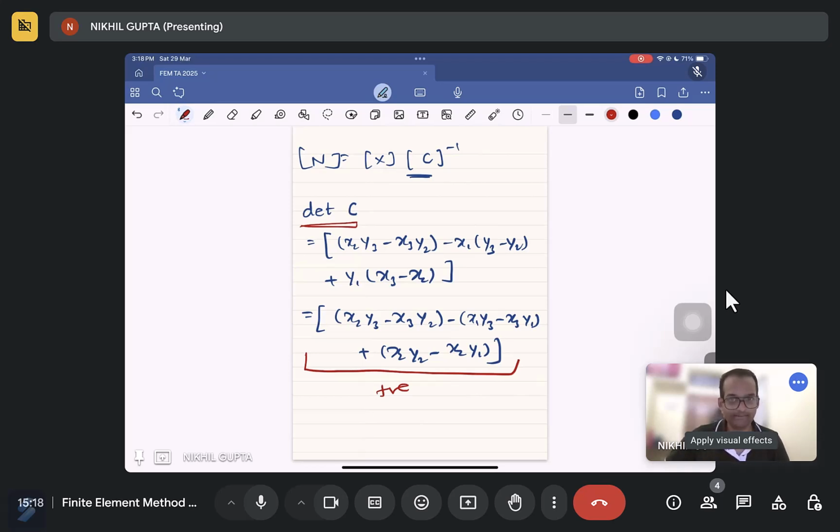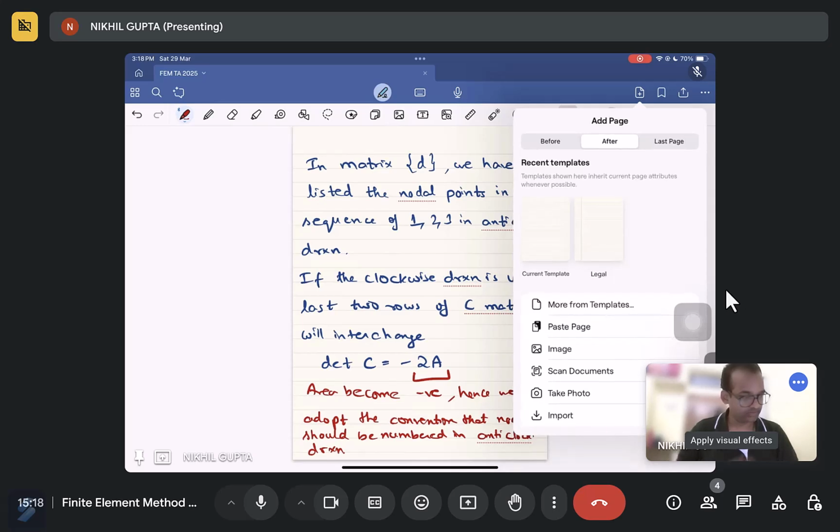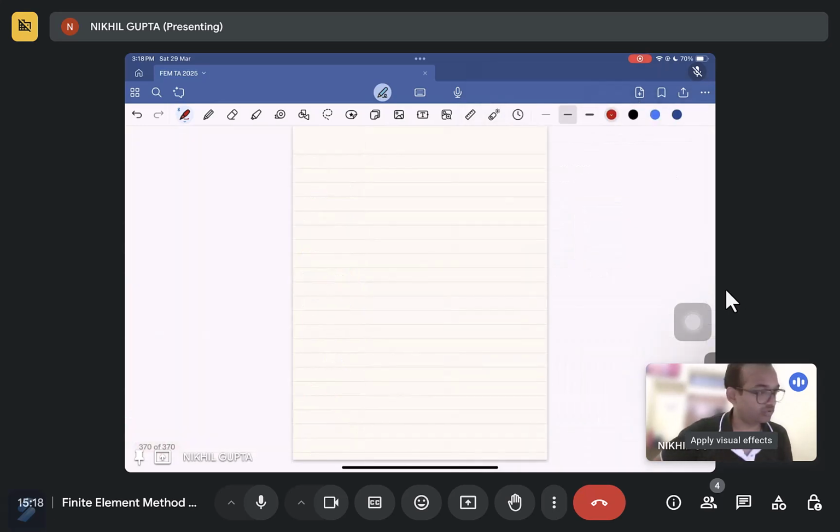Is it fine? Okay. So let's go to the next question. Do you know what element is known as constant strain triangle? Yes, a triangle with three nodes.